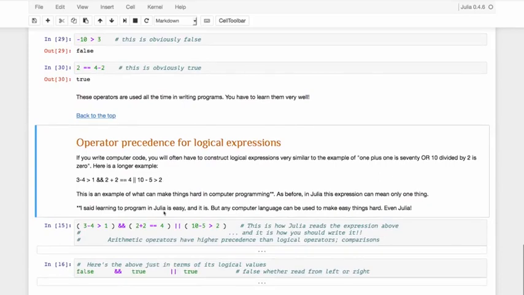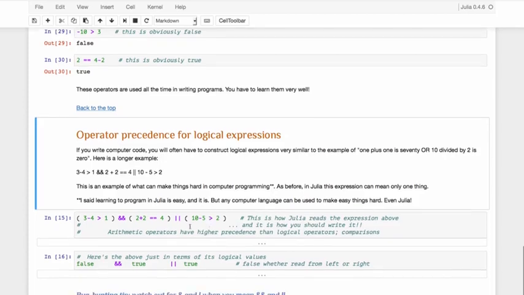So, if I look at this expression I've written here, what happens with Julia is that it first adds these parentheses to separate out the expressions that are being logically compared. This is then evaluated to see whether it is true. This is evaluated, and perhaps this is evaluated.